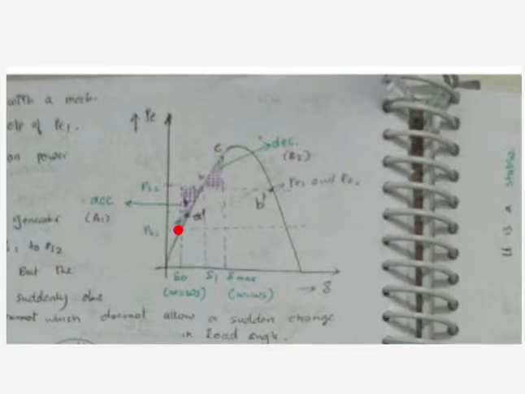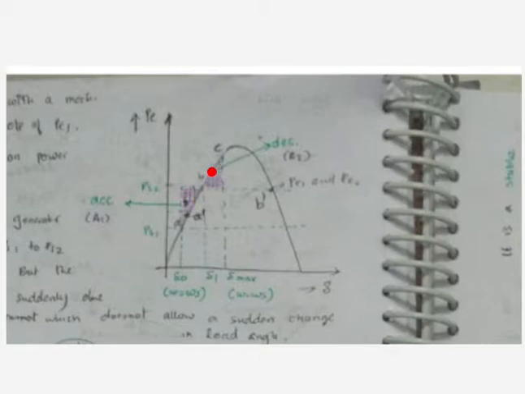Right? And the area between this and the area between this, if they are equal, then that is critical. If area 1 is less than area 2, then it is good, it is stable. But if area 1 is greater than area 2, then it will become unstable.